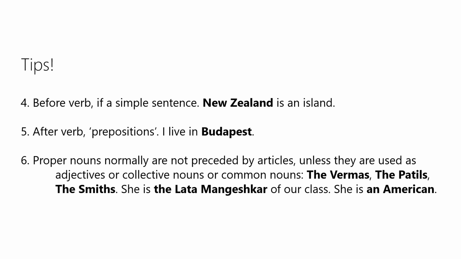In the second sentence, she is the Lata Mangeshkar of our class. Lata Mangeshkar, which is a proper noun, happens to be an adjective here because it is preceded by the article the. And finally, she is an American. Here, American is used as a common noun because it is preceded by the article an.